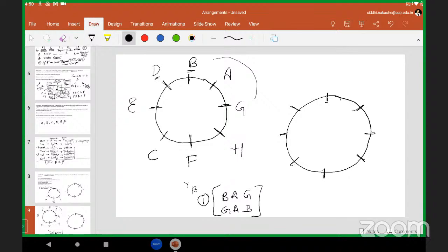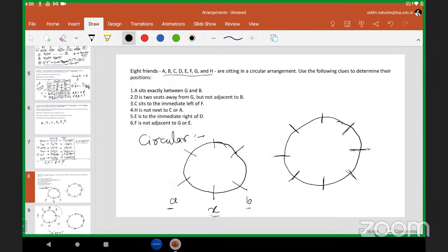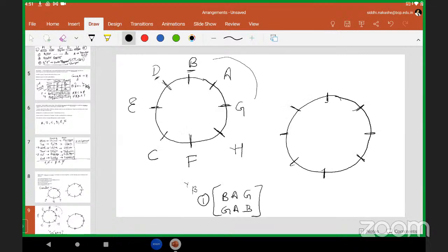So condition 2 is D is two seats away from G but not adjacent to B. So G is two seats away from D. That means B won't come here, B won't come here.